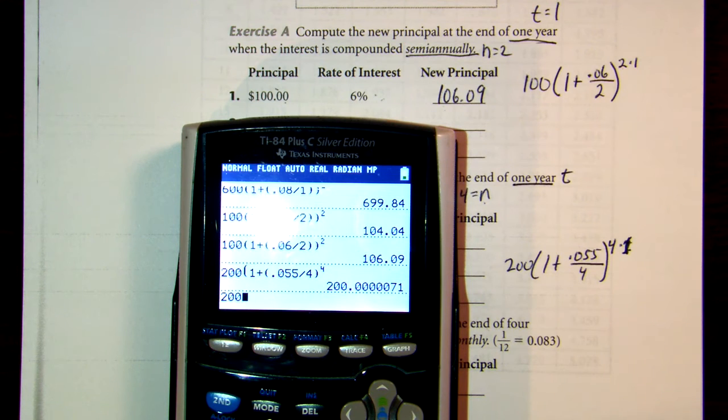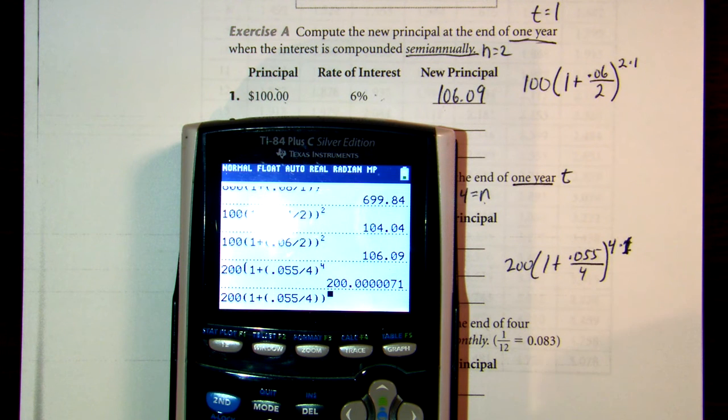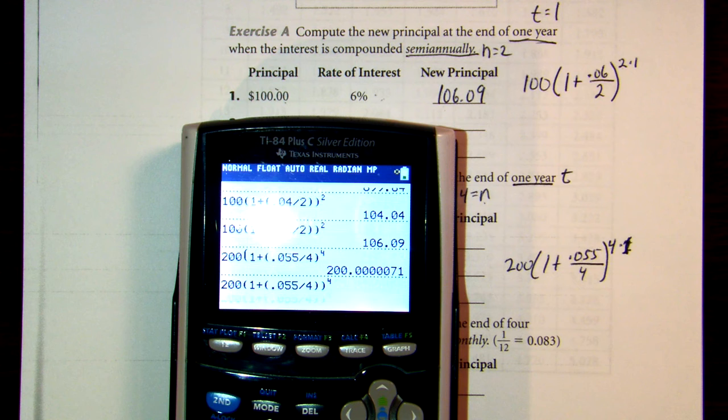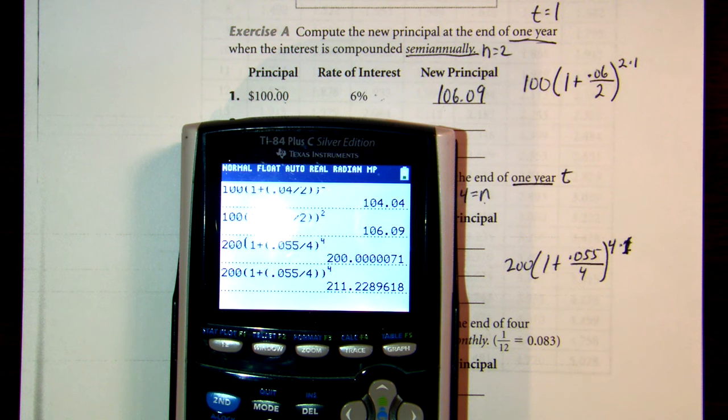So let's do it again. 1 plus parenthesis 0.055 divided by 4, double parenthesis to the 4th. So it's $211, and we round to the nearest cent, 23 cents.